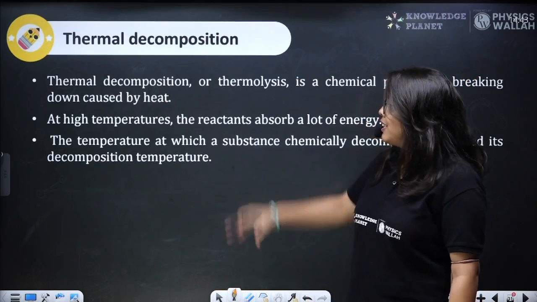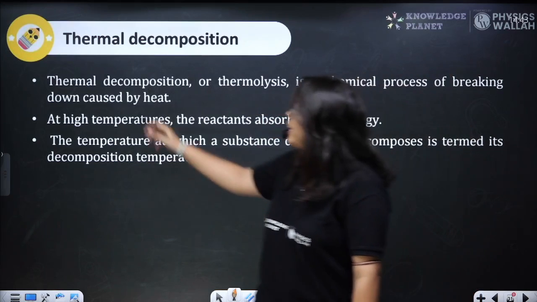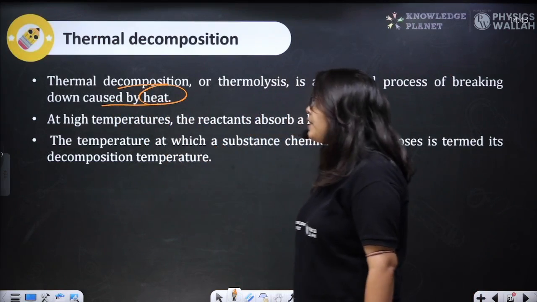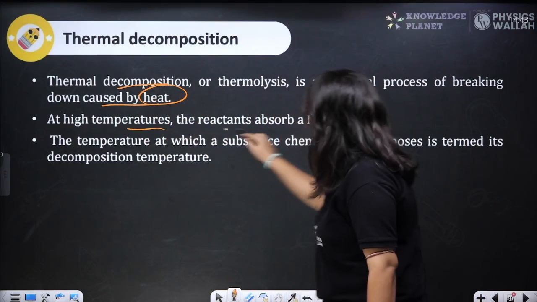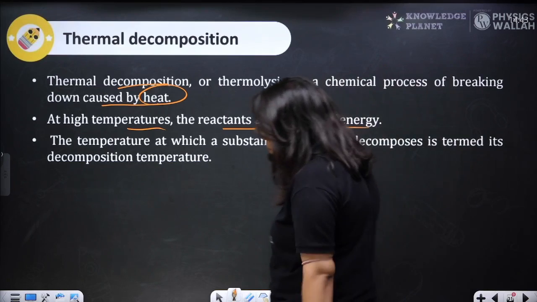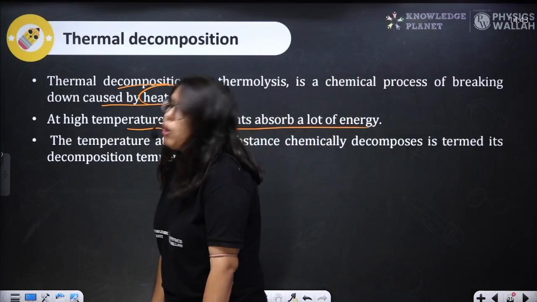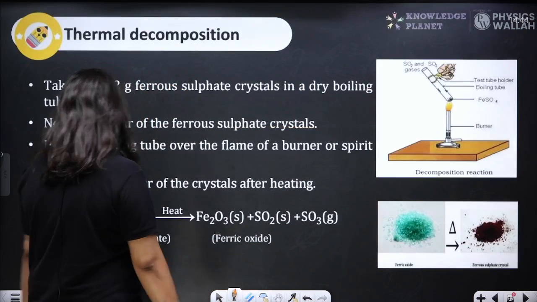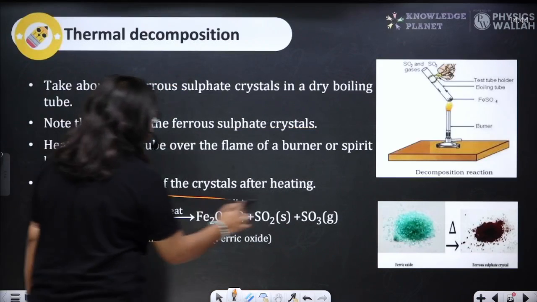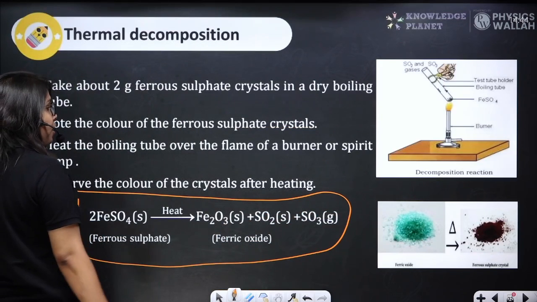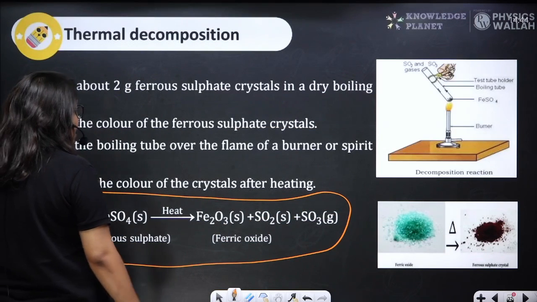Let's now see the examples. In thermal decompositions, we know it is caused by usage of heat. At high temperature, the reactant absorbs a lot of energy and breaks down to give rise to two or more products. The best example for this is ferrous sulfate, the green color ferrous sulfate.